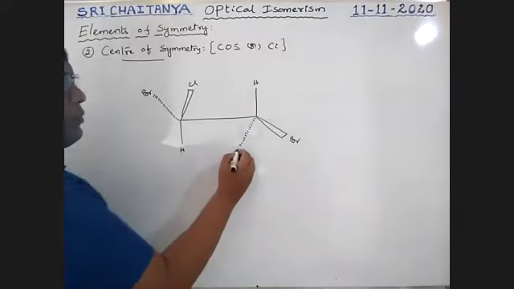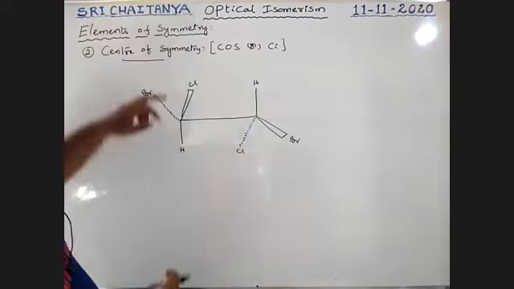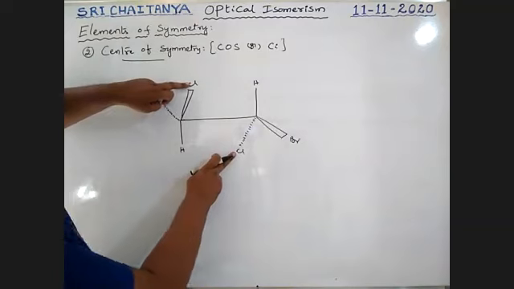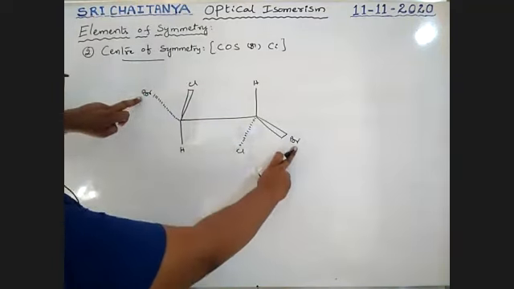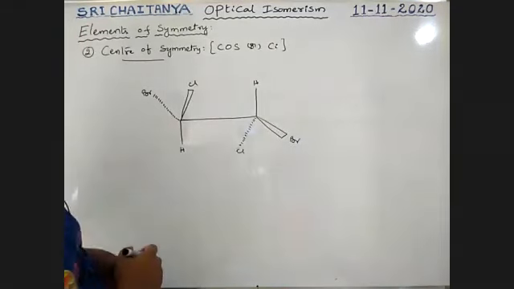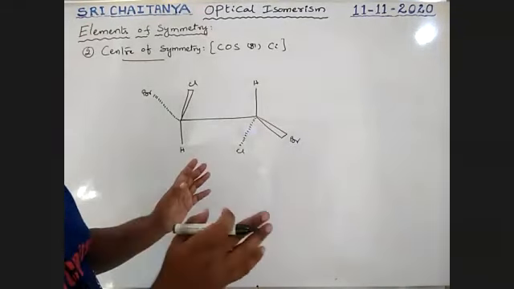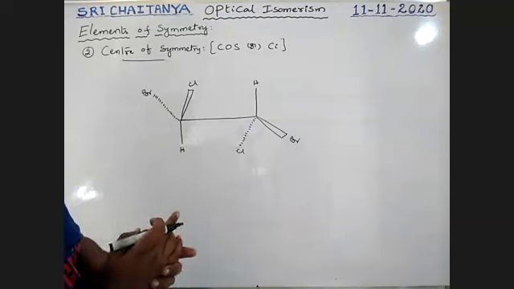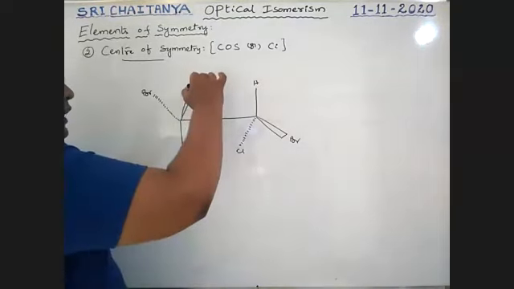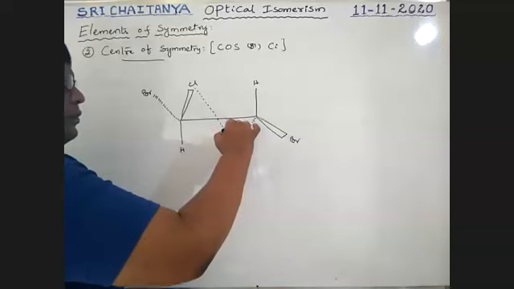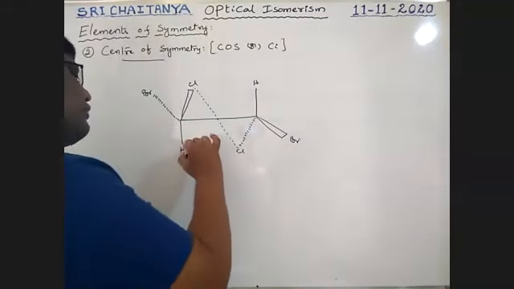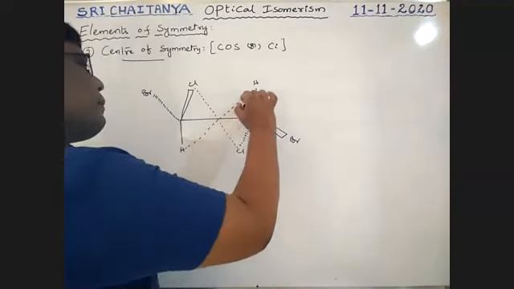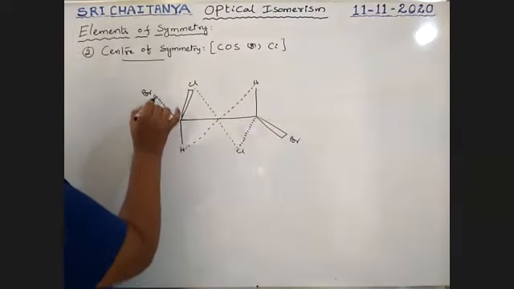Let us take this example. These are the two chlorine atoms exactly opposite. These are the two bromines exactly opposite. These are the two hydrogens exactly opposite. So draw an imaginary line. I'm drawing an imaginary line between these two chlorines, between these two hydrogens, between these two bromines.